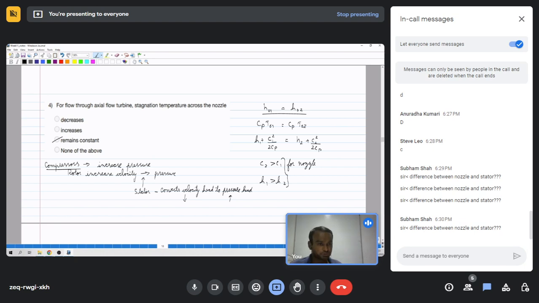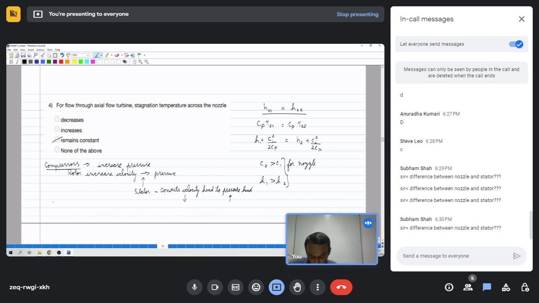Whereas nozzle is used in cases like where we want propulsion at the outlet of the jet engines, where we want a high jet velocity of the exhaust gas. Then we will convert the pressure head to the velocity head, and then we have the exhaust jet coming out.